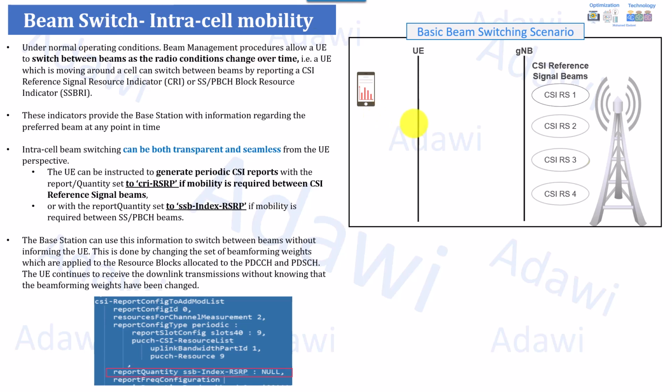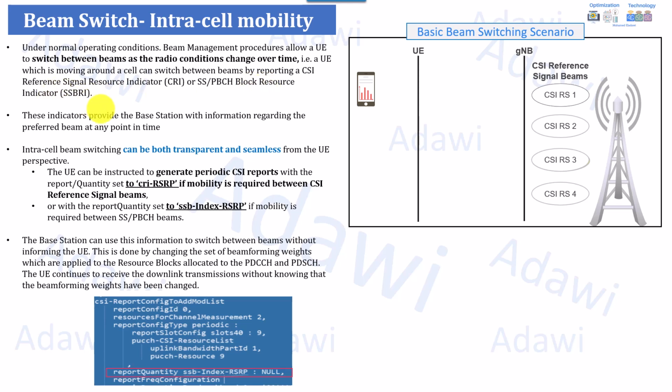the UE can be instructed by the gNB to generate periodic CSI reports with a report quantity, for example, CSI-RSRP, which is for CRI-RSRP, where CRI is the CSI reference signal resource indicator, or something called SSBRI, which is the SSB block resource indicator.